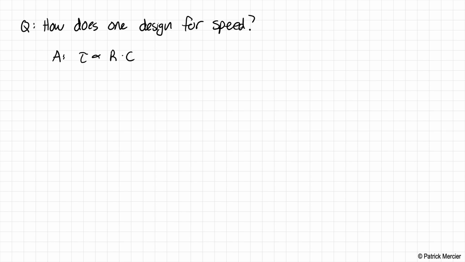What can we do? Well, let's start with C. We can try and keep capacitance small. So how the heck do we do that? Well, we can keep our transistors very small. That's also good for transistor density and other reasons, but the main way that we do this is we shift to a faster process technology.